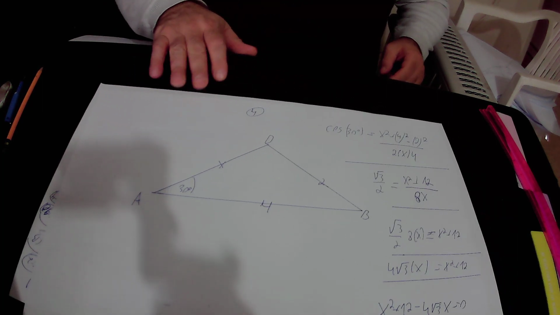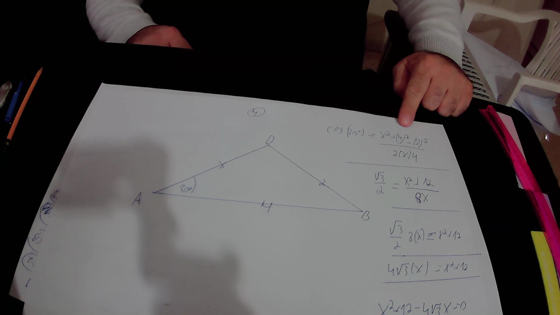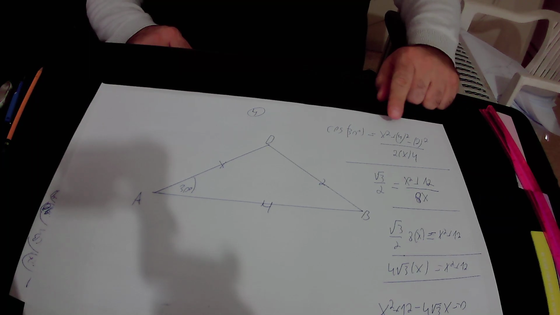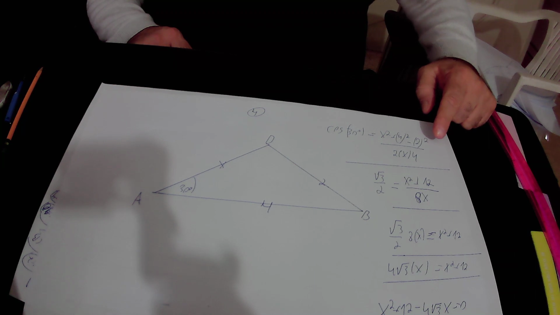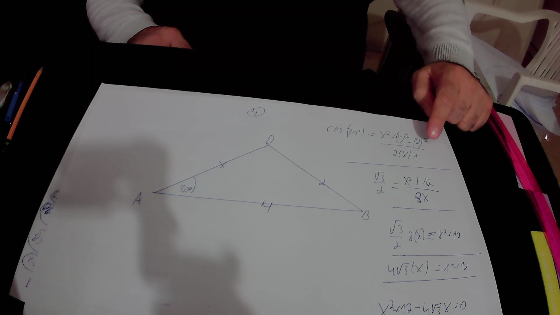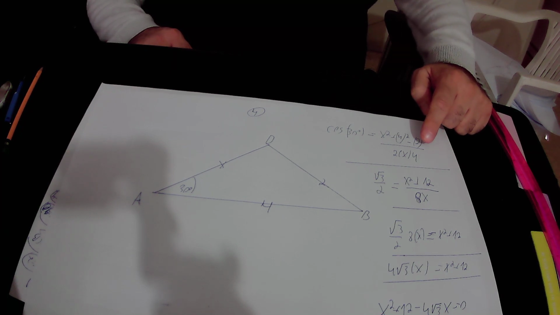According to the law of cosines, cosine 30 degrees equals x squared plus 4 squared minus 2 squared over 2 times x times 4. 4 squared is 16, minus 2 squared is minus 4, 16 minus 4 is 12. So in the numerator we have x squared plus 12, and in the denominator we have 2 times 4 is 8, and 8 times x is 8x.